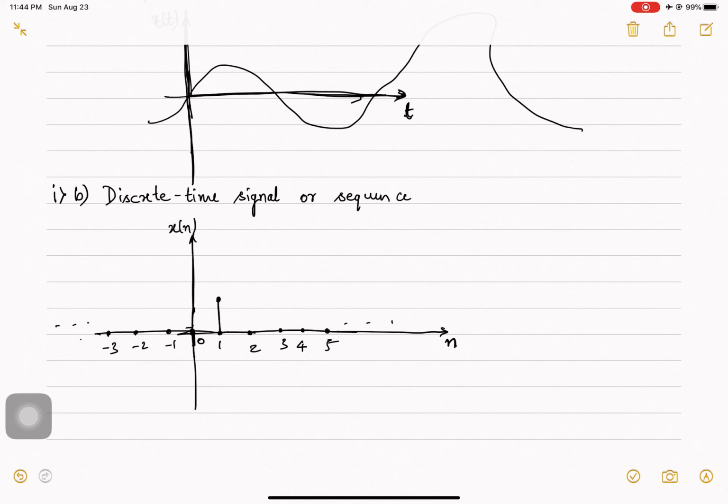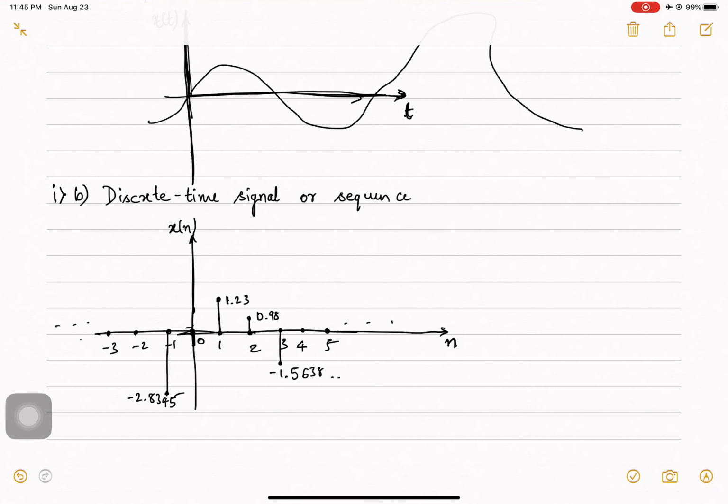So if you do that, let this value be 1.23, this will be 0.98, and this will be minus 1.5638, so on and so forth. I'm just writing some random values here.